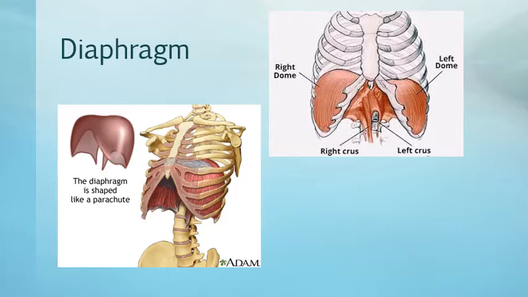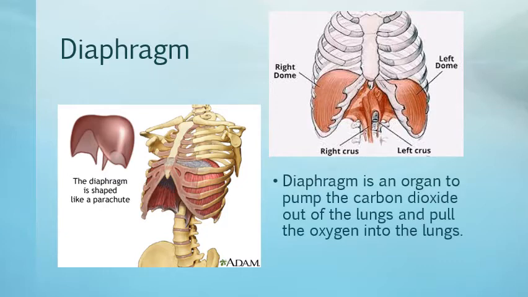When air gets taken in, the diaphragm tightens and moves downward, making more space for the lungs to fill with air and expand. Then, during the exhalation, the diaphragm expands and compresses the lungs, forcing the air out. So, the function of the diaphragm is to pump the carbon dioxide out of the lungs and pull the oxygen into the lungs.